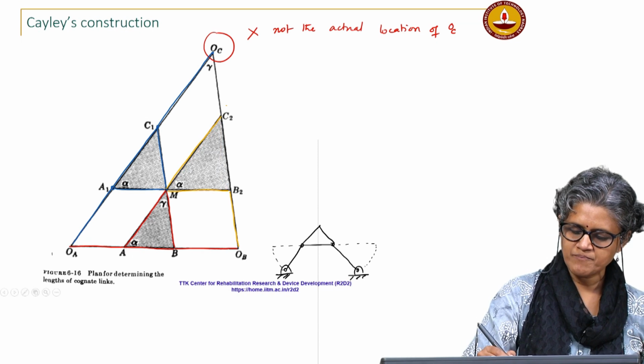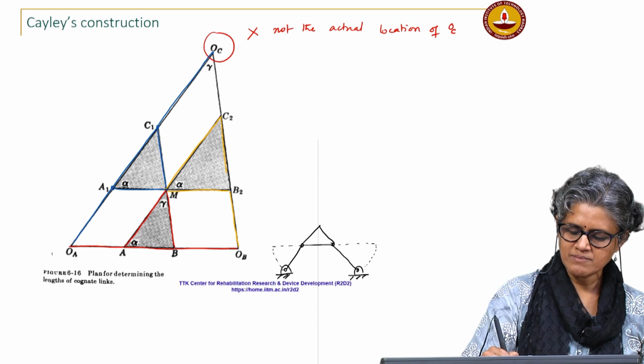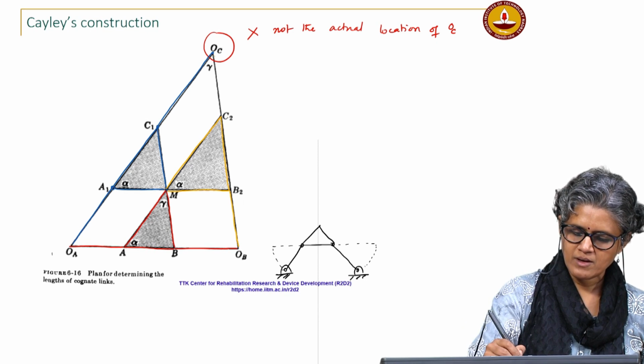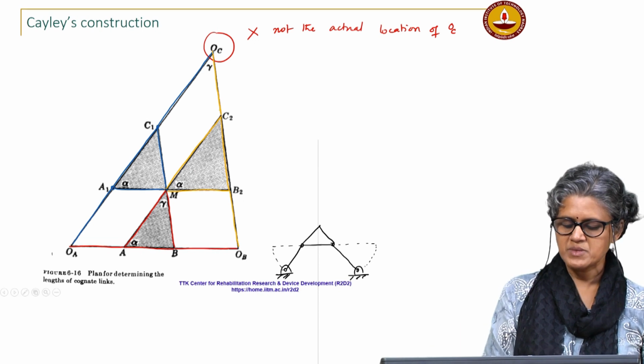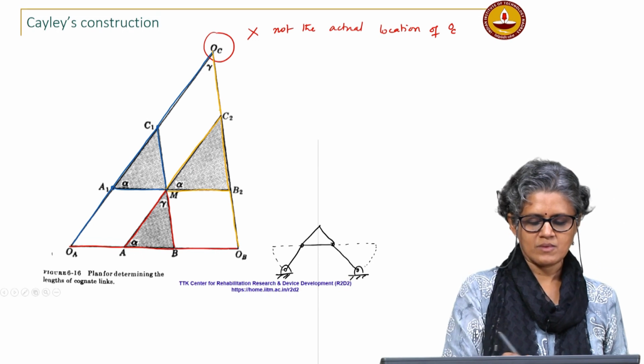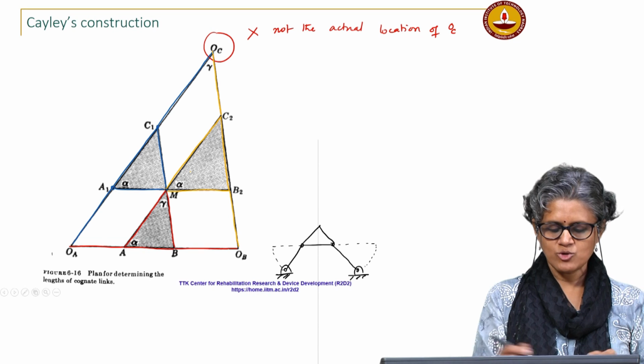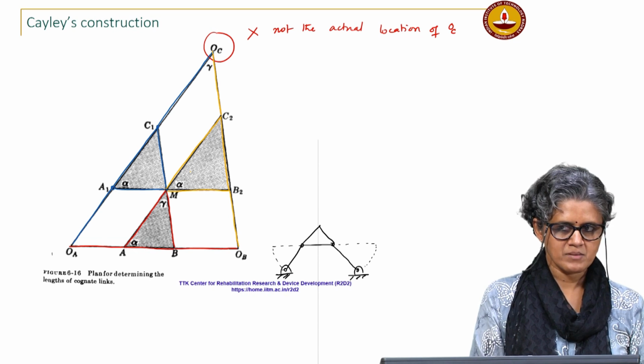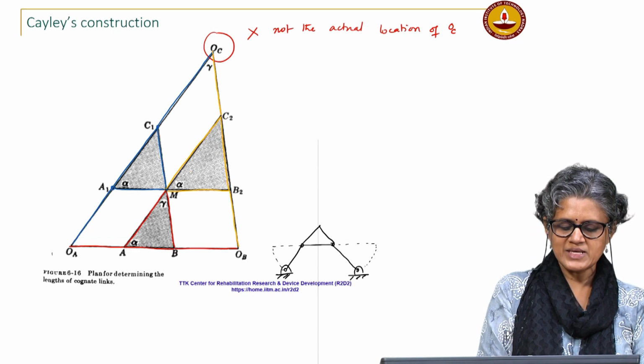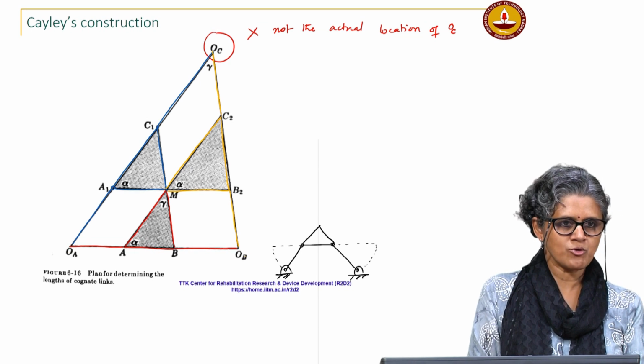But the actual location of OC you get by constructing a triangle that is similar to ABM with OA-OB as the base, because these are not the actual locations of OA-OB.